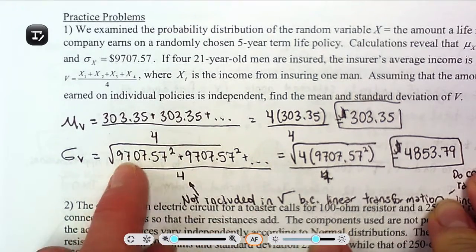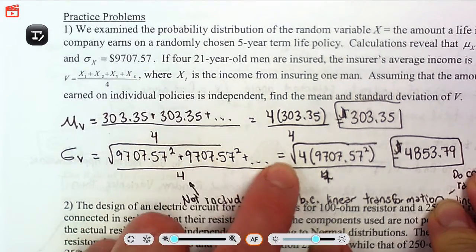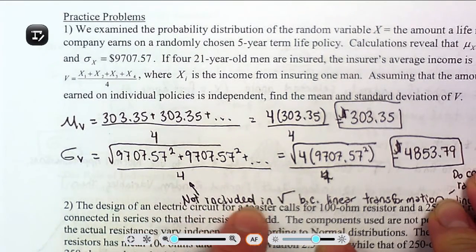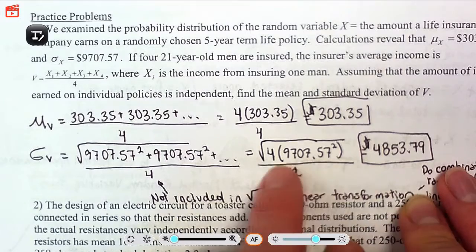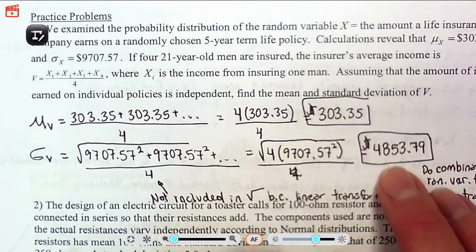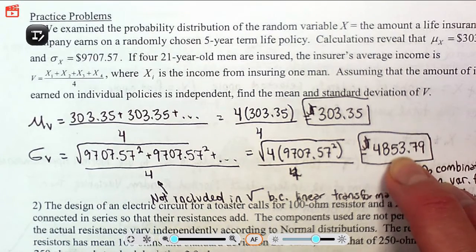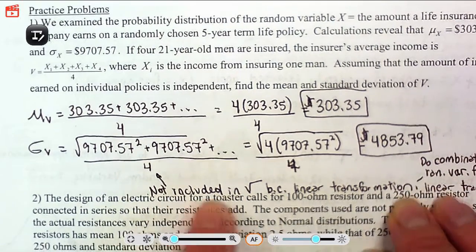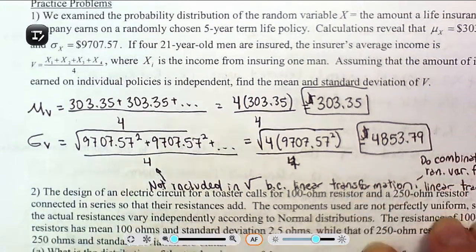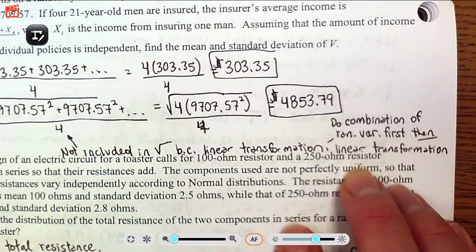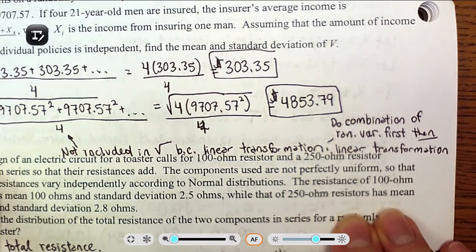But the standard deviation is their variances all added up, then square rooted, and then divided by 4. So we do that right there, and we get 4,853. All right. So do the combination of random variables first, then do the linear transformation.